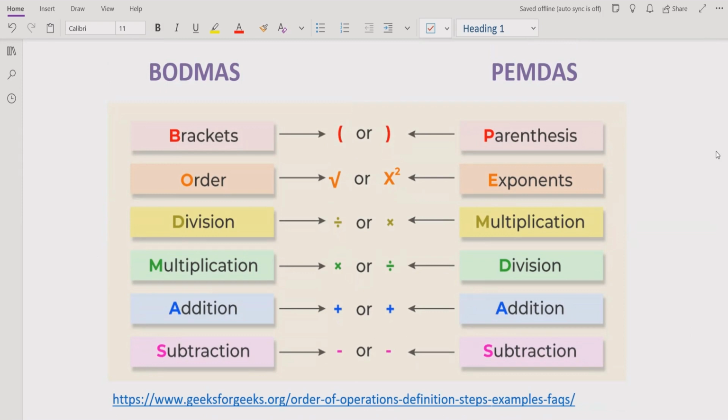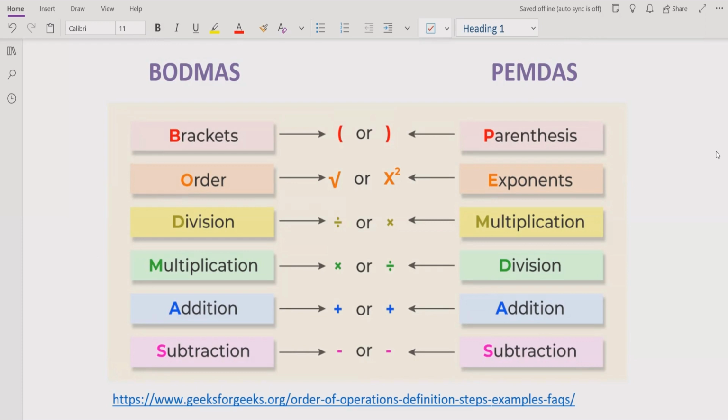After that, if you have any exponent or square root in your expression, you solve that next. And similarly, if you have division and multiplication in your expression, you go left to right and find which is coming first, because division and multiplication have similar precedence.